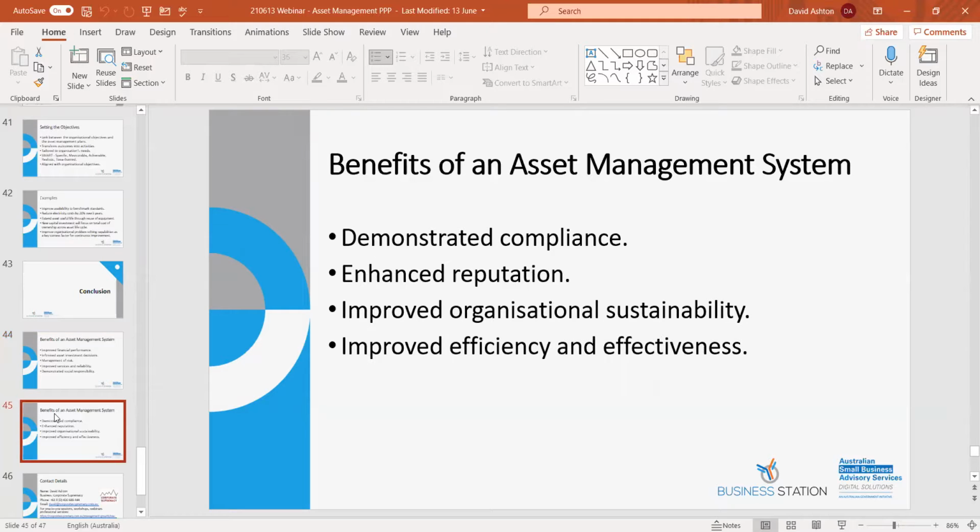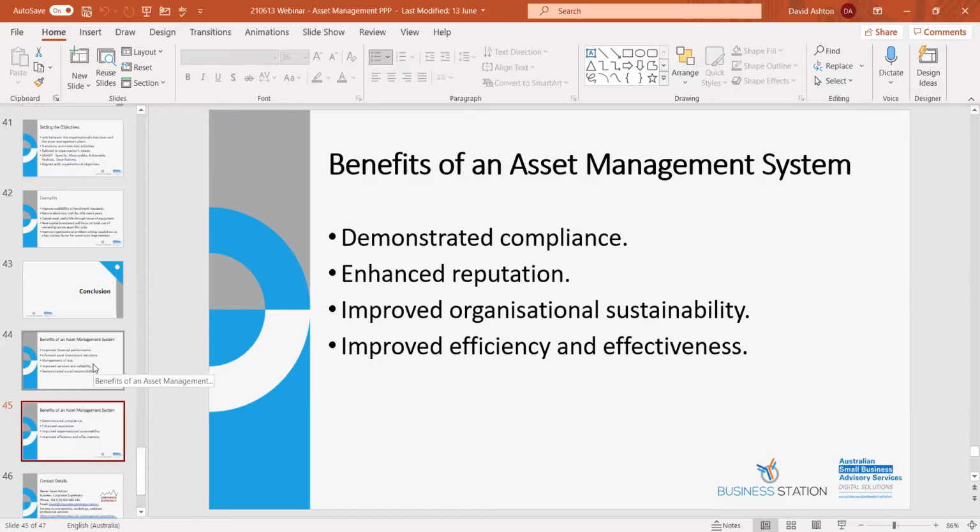Compliance, reputation, organisational sustainability, efficiency and effectiveness. I mean, there's nothing unusual here, but it is really looking at it from the purpose of you wanting to win new business and maintain your existing clients, so that your assets are managed in a way that is going to deliver to your client what they want when they want it. And that's really the value of it.